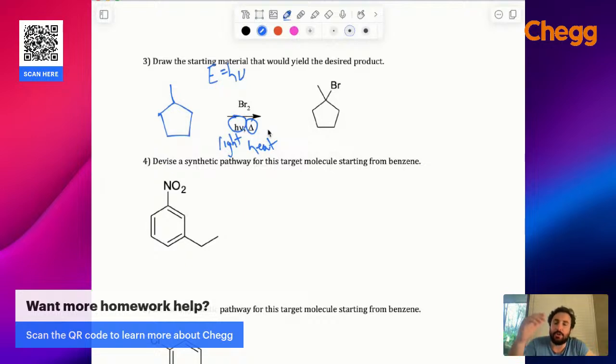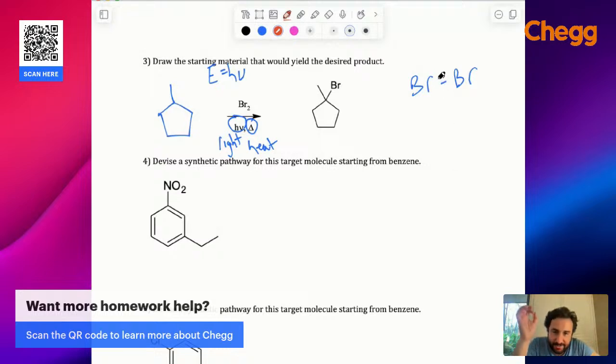The reason that we need either light or heat is that radical reactions always begin with homolysis. We're not going to look at the whole mechanism here, but normally when we do organic reactions, we're looking at heterolysis, where the two electrons in a covalent bond go to one atom and not the other.